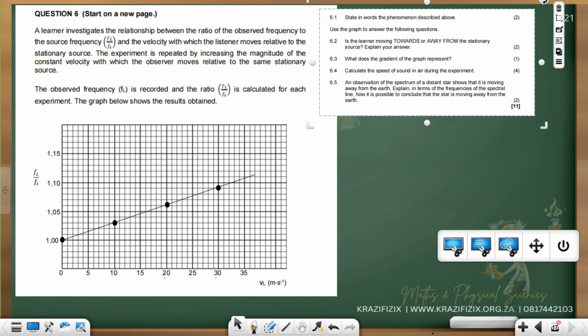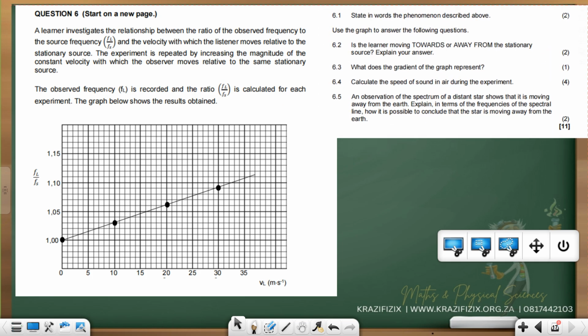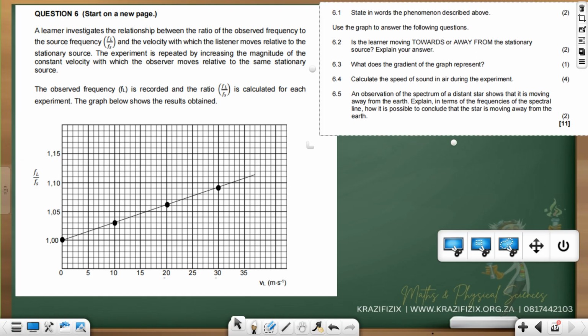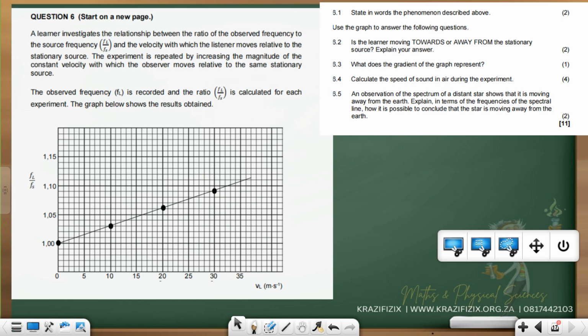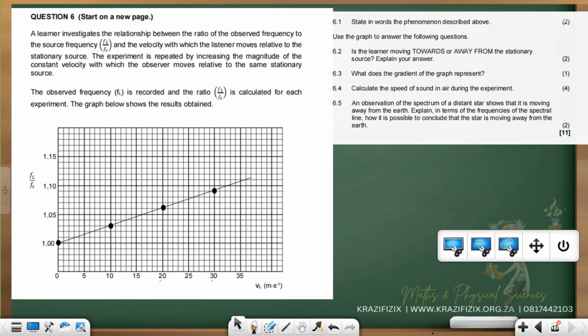All right, guys, let's look at this quickly. You would notice I cannot discuss this type of question earlier on today. A learner investigates the relationship between the ratio of the observed frequency to the source frequency and the velocity with which the listener moves relative to the stationary source. The experiment is repeated by changing the magnitude of the constant speed, with which the observer moves relative to the same stationary source.